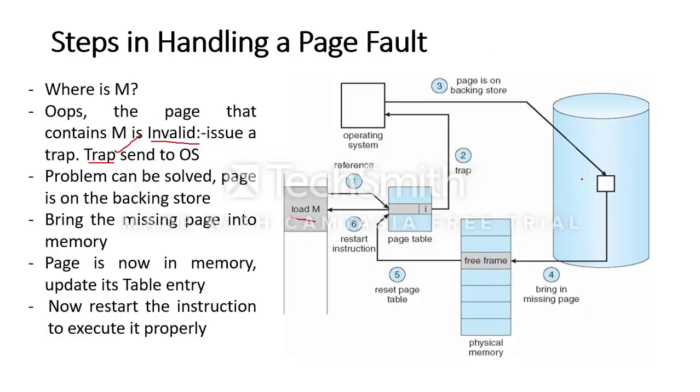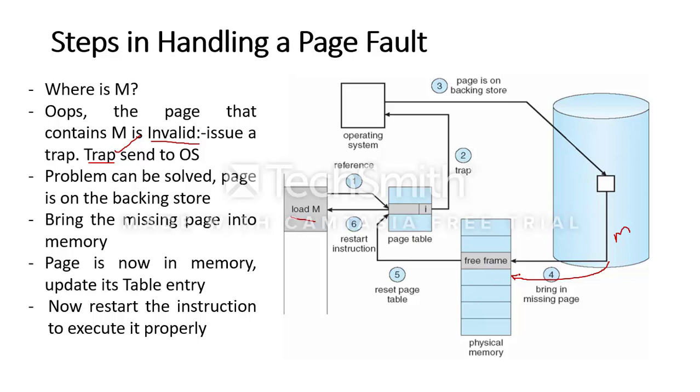This is more like the hard drive. This is the secondary memory, right? And once it discovers that particular page is definitely there in the backing store, you bring it back into your physical memory.